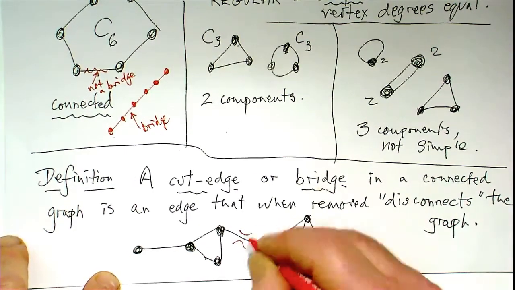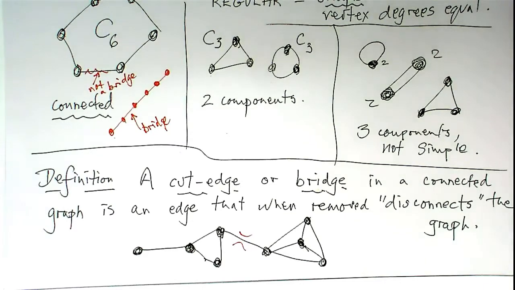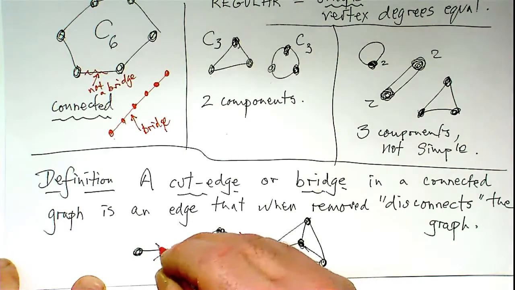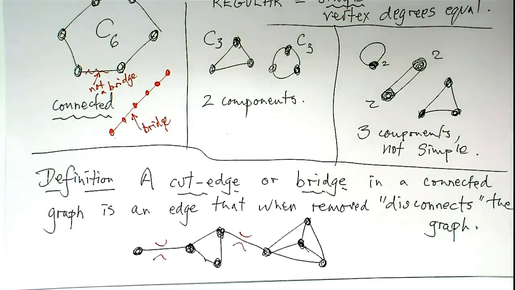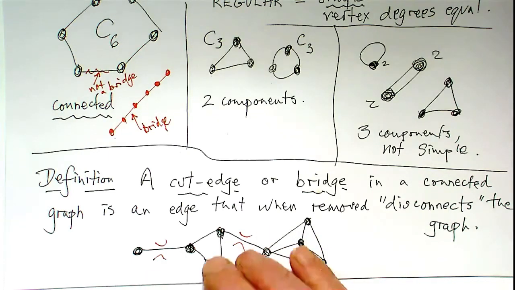I use this symbol to mean it's a bridge. But this is also a bridge, because if I remove this edge, I'm not removing vertices, I'm just removing edges. I'm left with an isolated vertex, which is a component, and the rest of it. Okay, so there are 2 bridges.